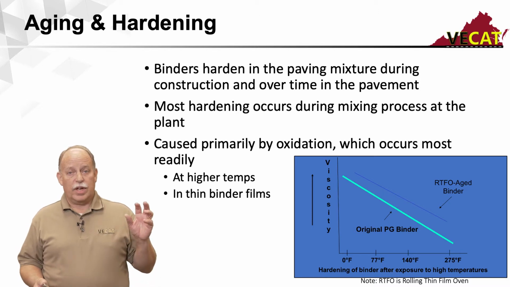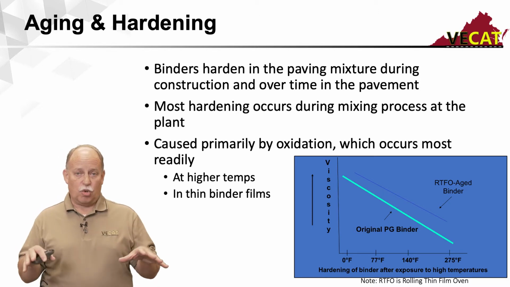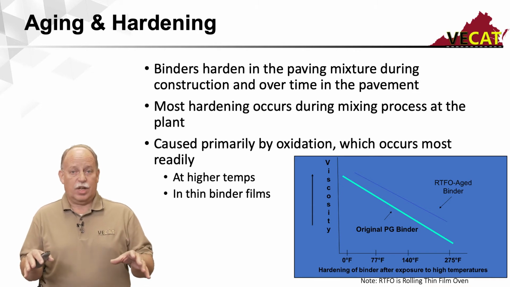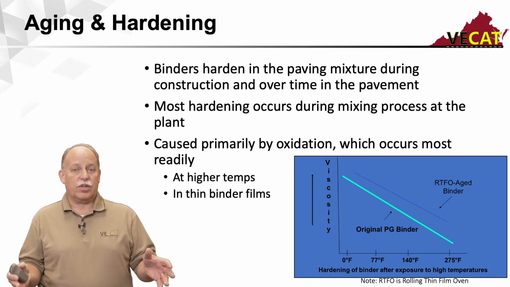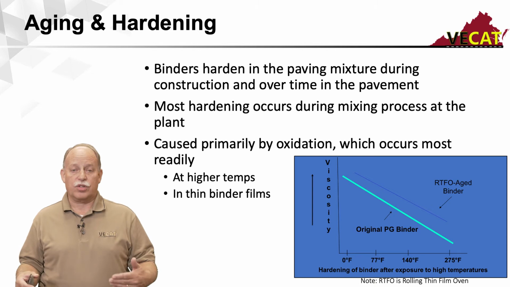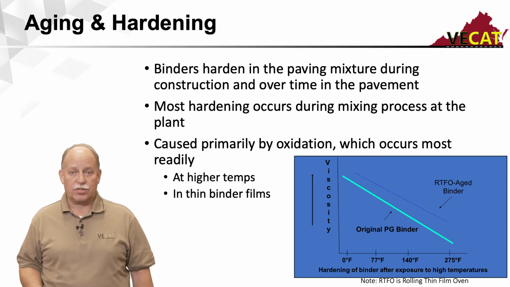When you insert the liquid asphalt, it's sprayed into that drum at that highest temperature. You're never going to see that temperature again. At 400 degrees, you're seeing a very high temperature, so a lot of hardening occurs. In fact, most of the hardening of your liquid asphalts occurs in the plant production process.